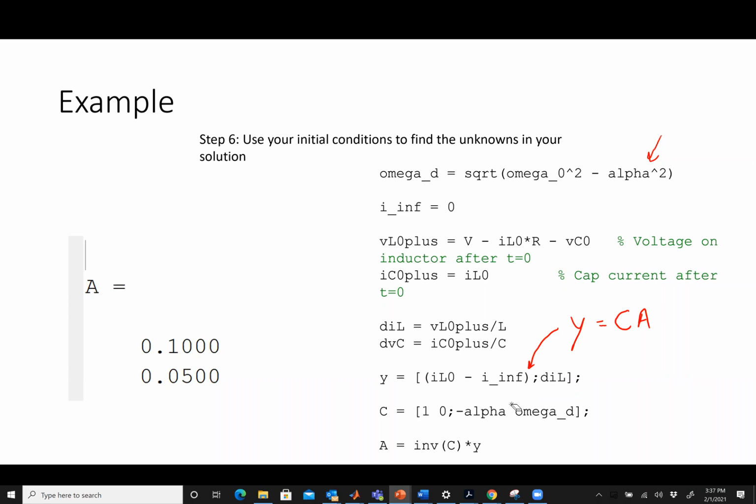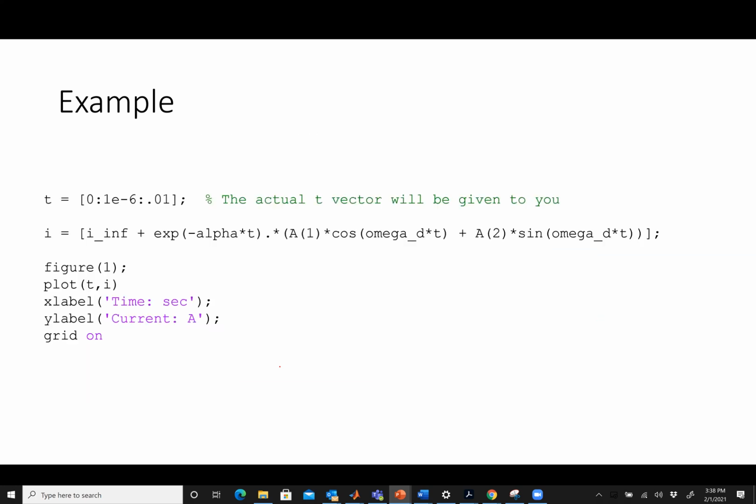So this guy here is A1 and this guy here is A2. Questions about that? Again, no obligation to do it that way, but I find it a lot easier to set up a system like that.